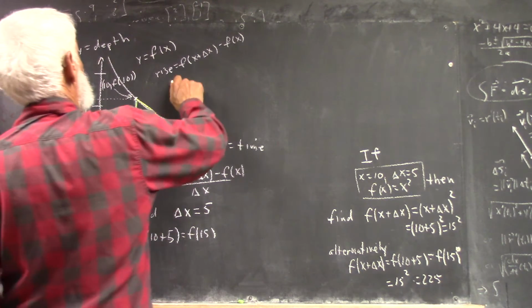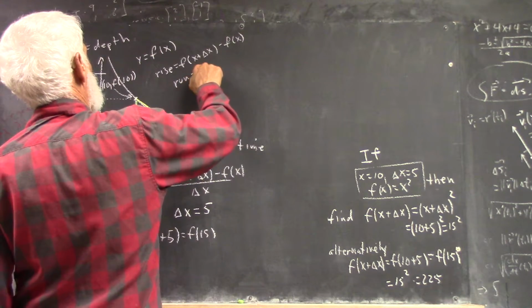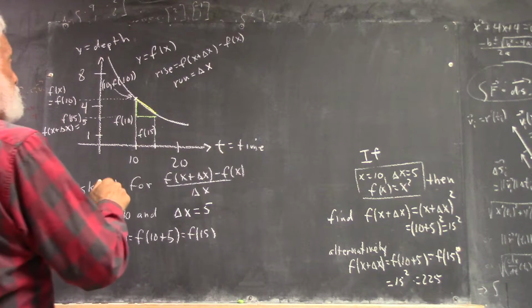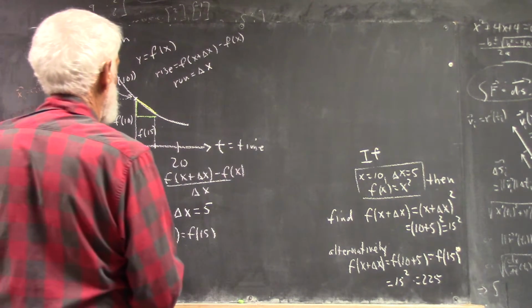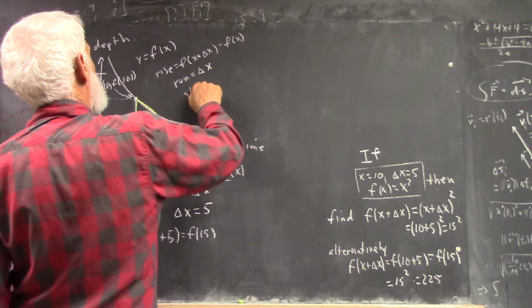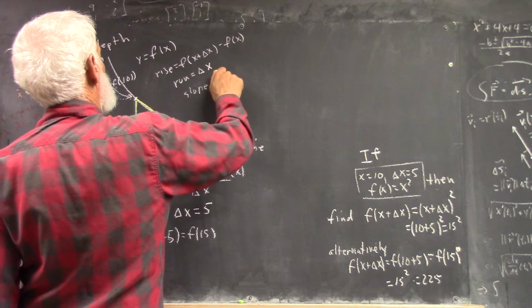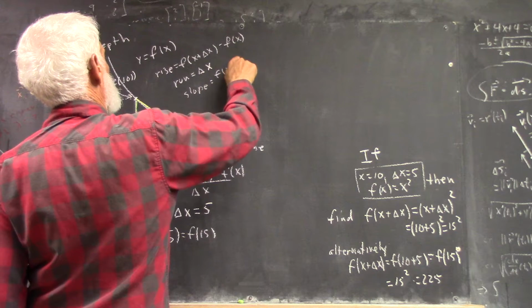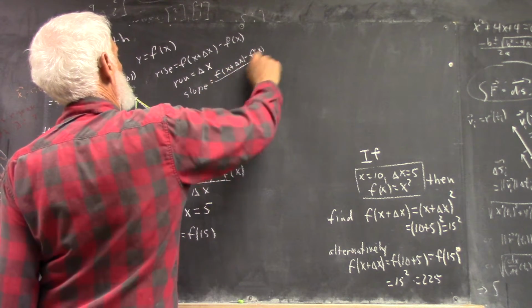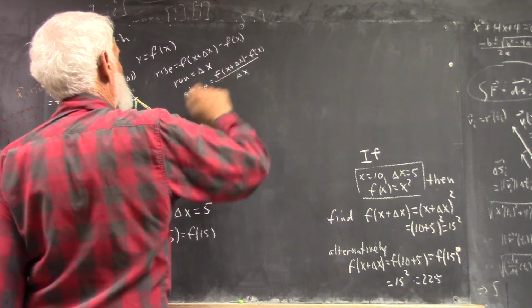Your run is delta x, so your slope is f of x plus delta x minus f of x over delta x.